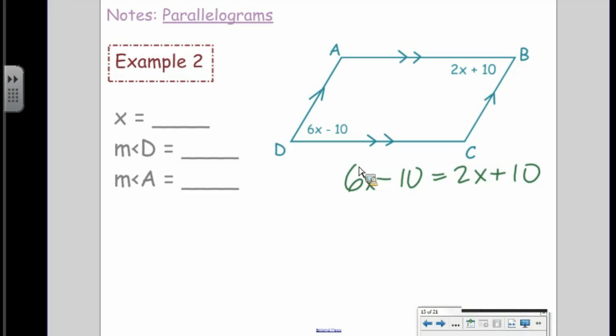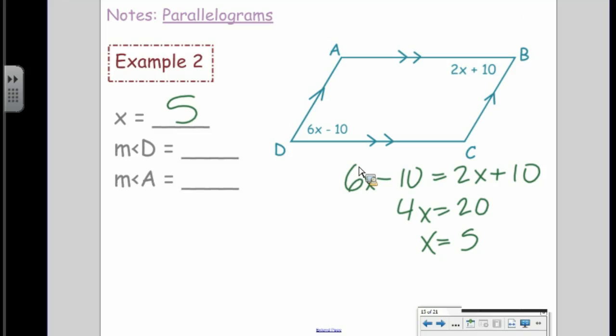I purposely did not make the algebra too hard on these. What do we get for x? Good. All right, the measure of angle D would be what?